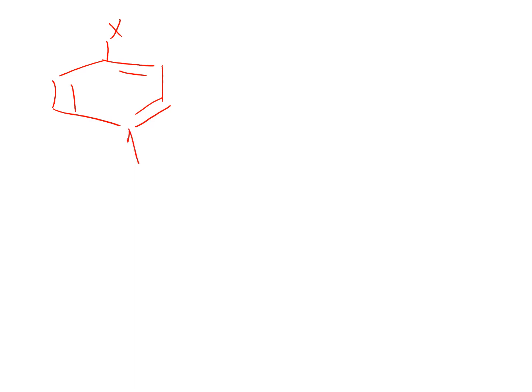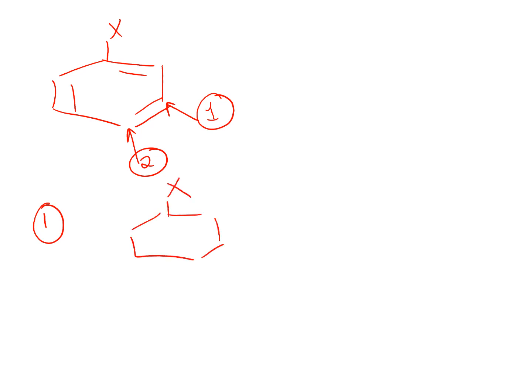we have this and that position, the para versus the meta. So now let's consider this 1 and this 2. Let's run the 1. This is your halogen. You have these double bonds. Now you have introduced the electrophile to the 1 position, and the 2 position is carrying the positive charge.